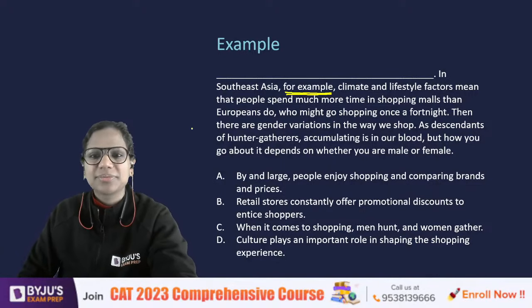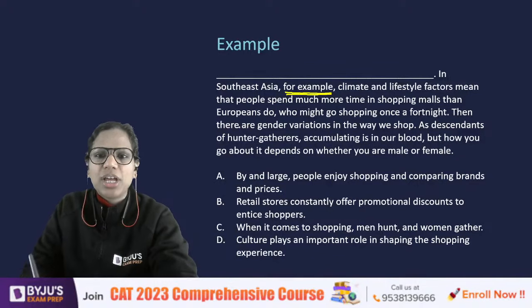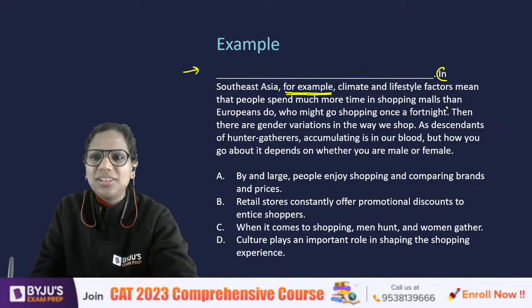What do you say? So we have to write something here whose example or whose explanation of sorts is given in the next sentence. So pay attention to the succeeding sentence because of course there's no preceding sentence here.